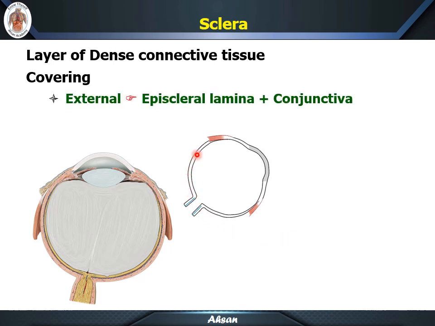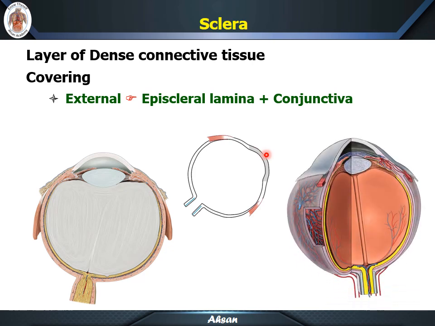The outer covering part posteriorly is the episcleral lamina, which becomes continuous with the anterior part. This is the conjunctiva that covers the sclera as well as continuing over the cornea. You can see this is the episcleral lamella, and anteriorly this is the conjunctiva, and that conjunctiva becomes continuous with the epithelium of the cornea.